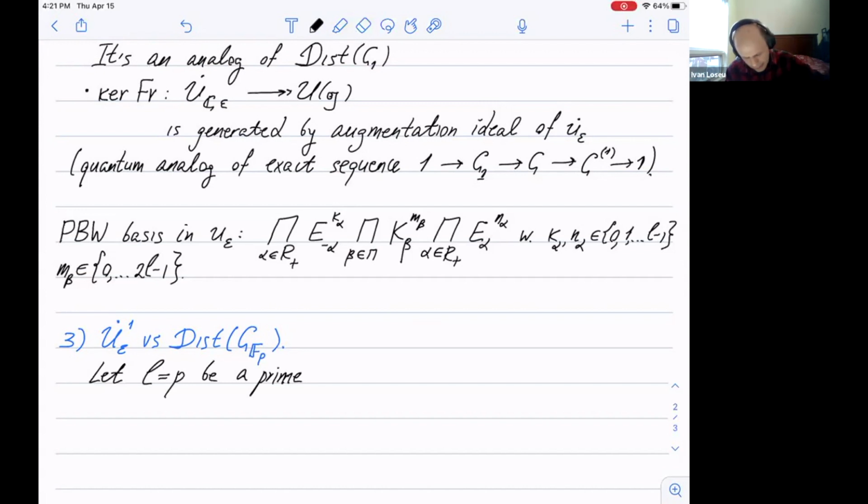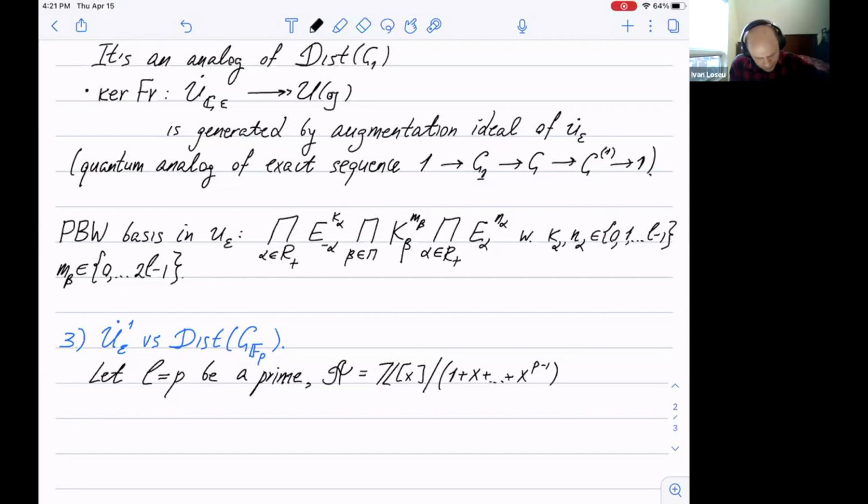And then I want to consider the following ring, which I will call curly A. It's going to be the quotient of polynomials in q by the cyclotomic polynomial at p. So that's the ring that Jize was working on.